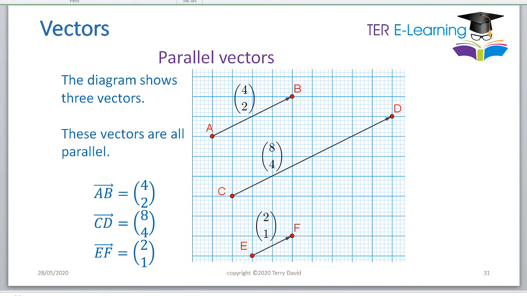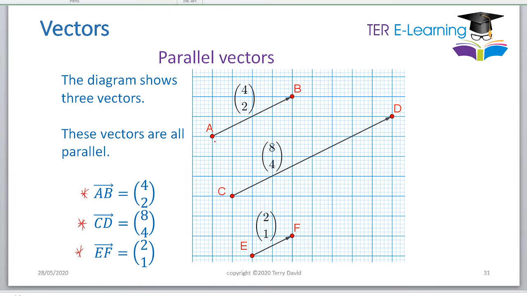Look at something here. I've given you three vectors. I've given you vector AB. If we look at the diagram, the vector is 4, 2. I've given you a vector CD, as this one here, which is 8, 4. And this one here, EF, which is 2, 1. If we look at the diagram alone, we can see that those vectors are all parallel.